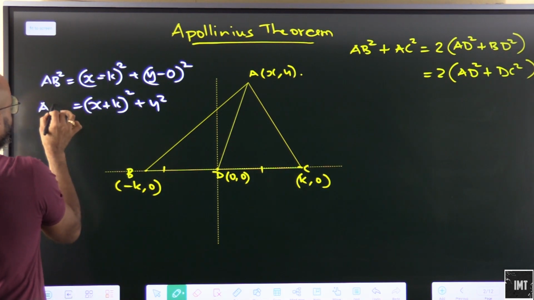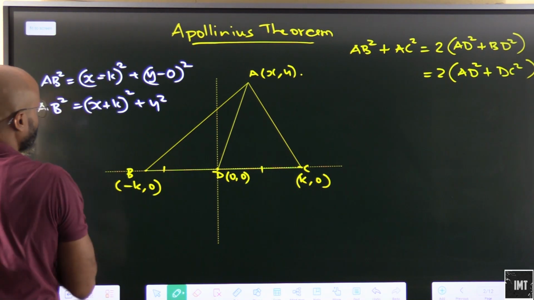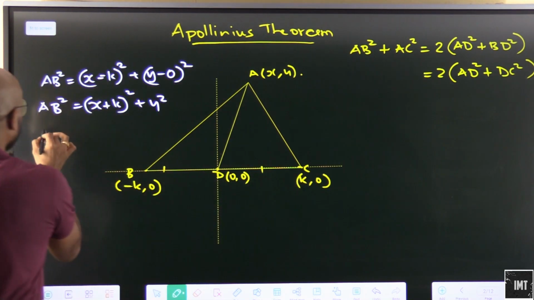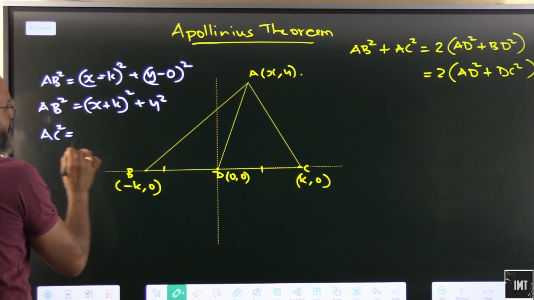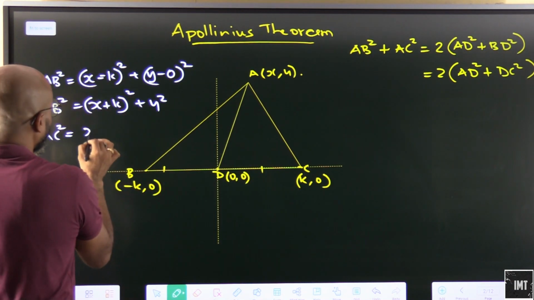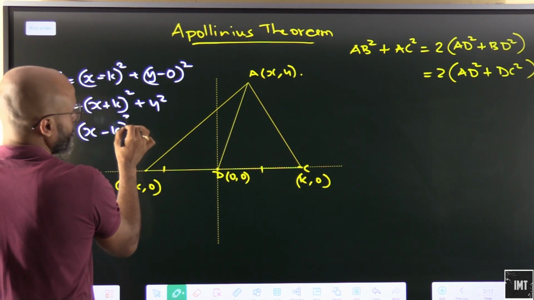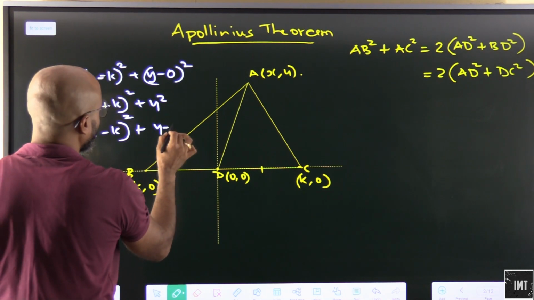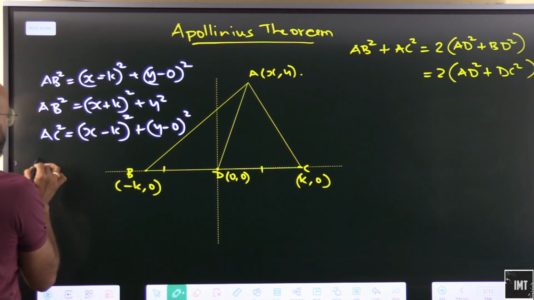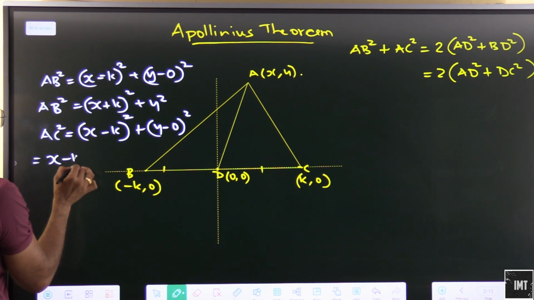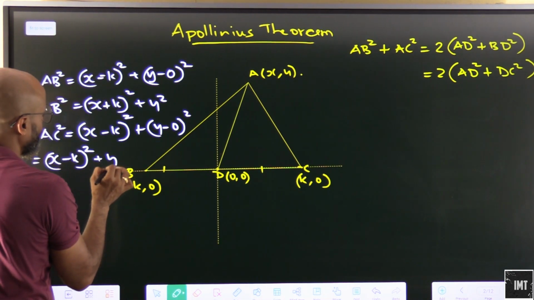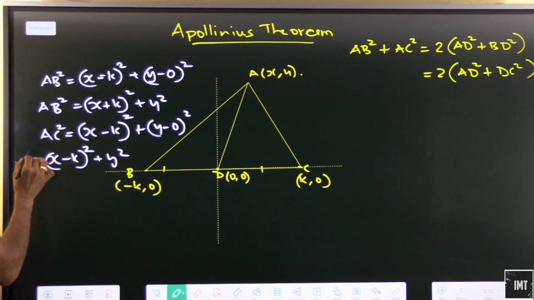That is going to be AB square. And similarly, AC square will be (x minus k) square plus (y minus 0) square, so this is going to be (x minus k) square plus y square. So this is going to be AC square.